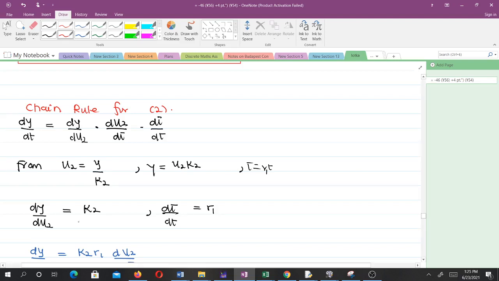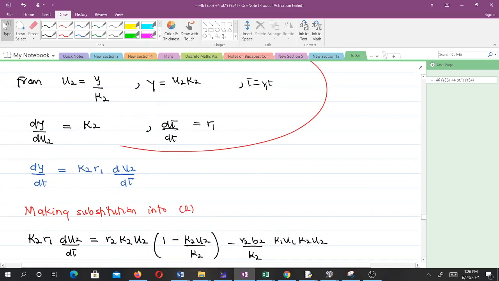So when you find dy/du2, we get k2, and dtau/dt will give us r1. So when we make substitution here, we get dy/dt equal to k2 r1 du2/dtau, okay? Then we take this and we substitute it into equation 2.